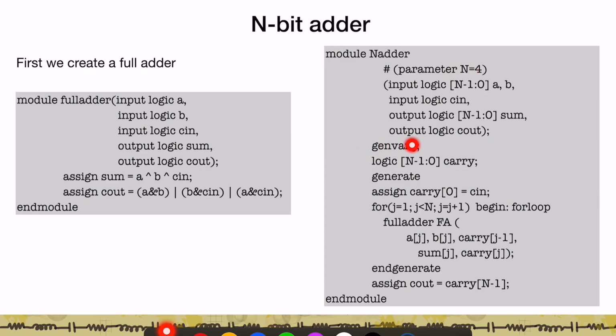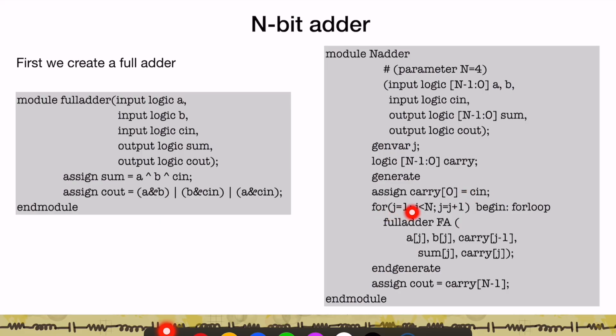Again, I declare a generate variable. I declare an intermediate, which is your carry. This is an array which contains all the carries that are happening between the different full adders, or a bitwise addition. Now I create a generate loop, and I assign the first carry, of the LSB, to be C in.